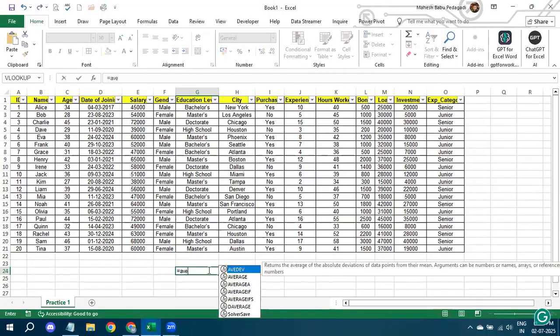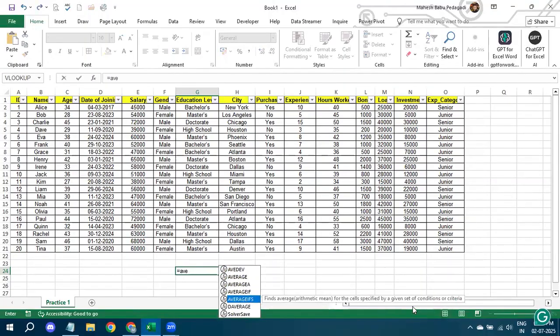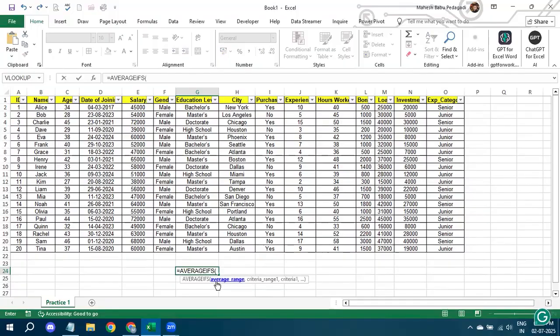Oh no, average if is for a single condition. See, if we are giving multiple conditions or criteria, average ifs is used. Average if finds an average for the cell specified by a given condition or criteria. We are giving only one condition, right? Let me give the other conditions: average range, criteria, comma, male.